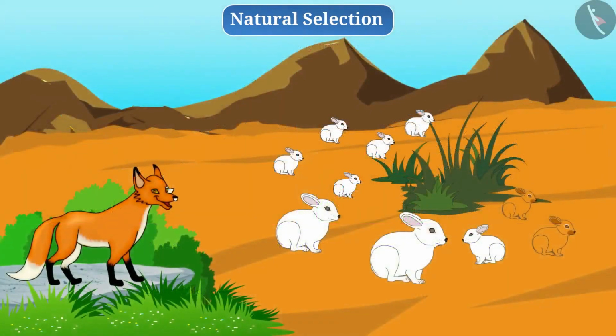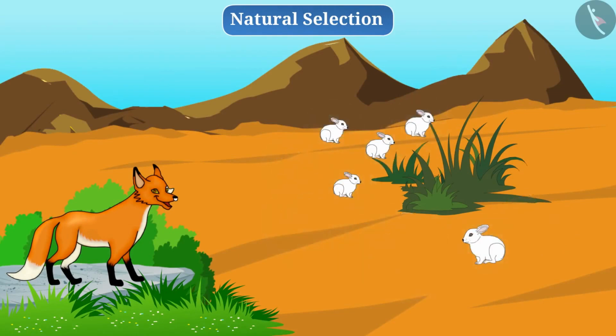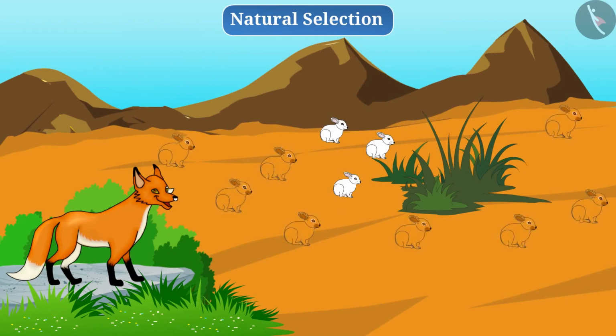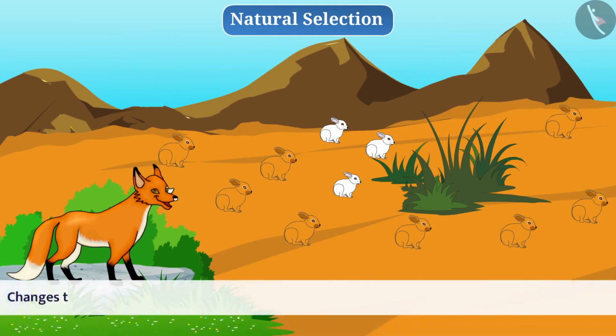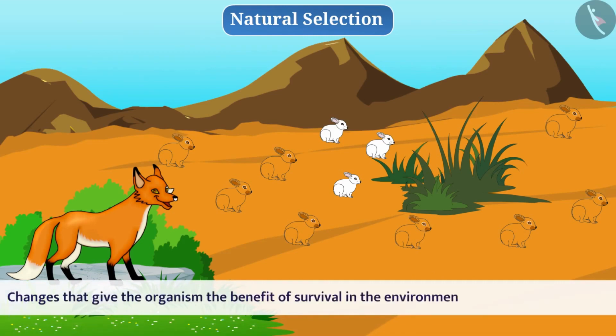If the brown variation had not emerged, the rabbit population would have reached the verge of destruction. But due to the variation of brown color, the rabbit population is now getting the survival advantage. Changes that give the organism the benefit of survival in the environment are called adaptation.